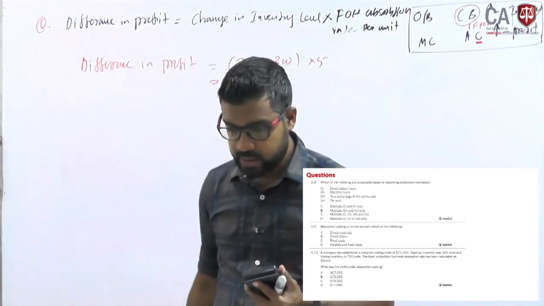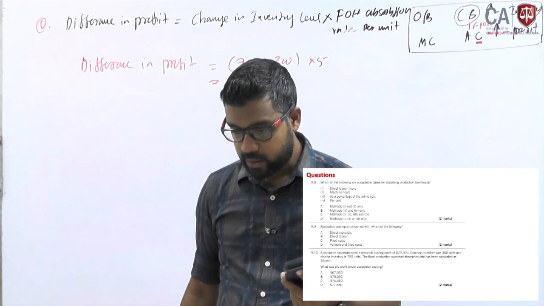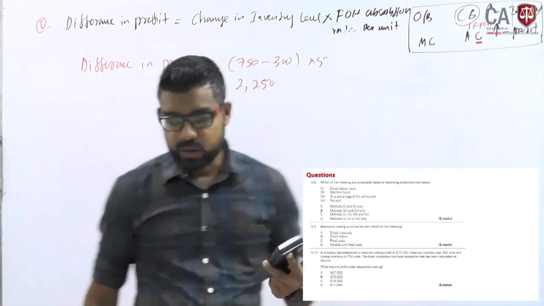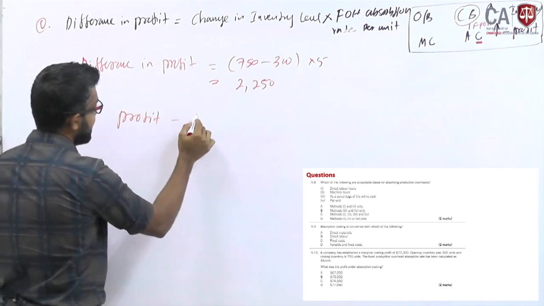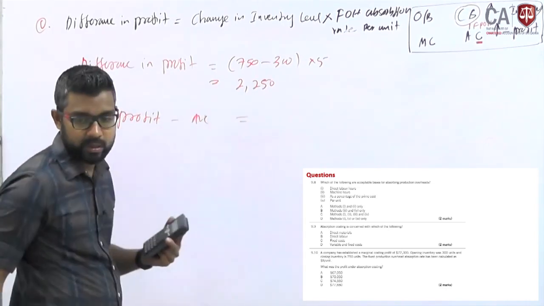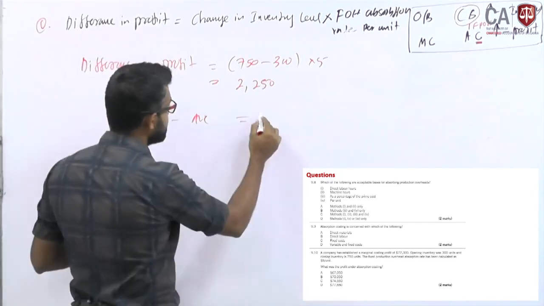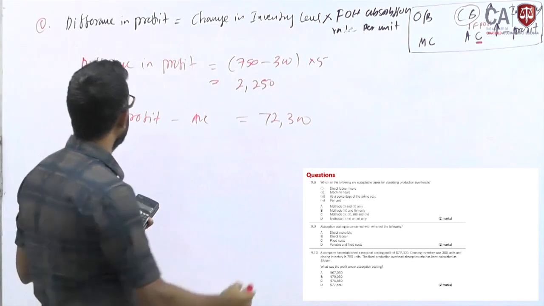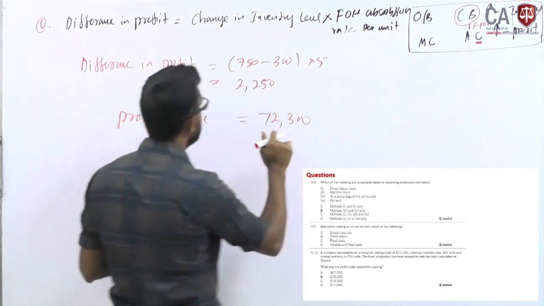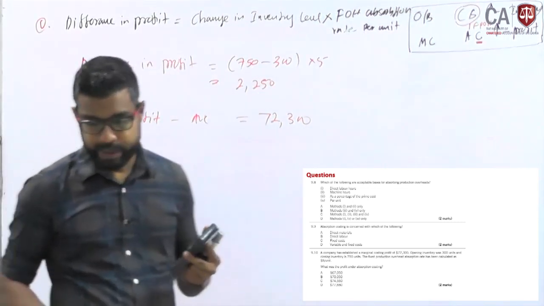Now they have given us the marginal costing profit, 72,300. Now how do we adjust the difference in profit? Activity level, what has happened?